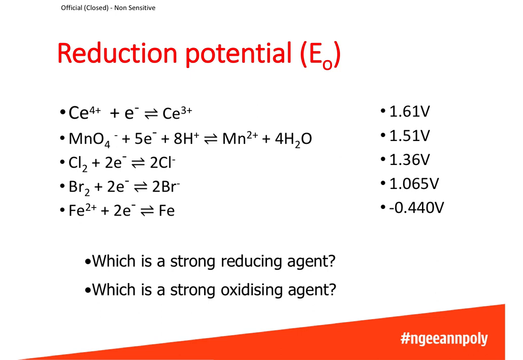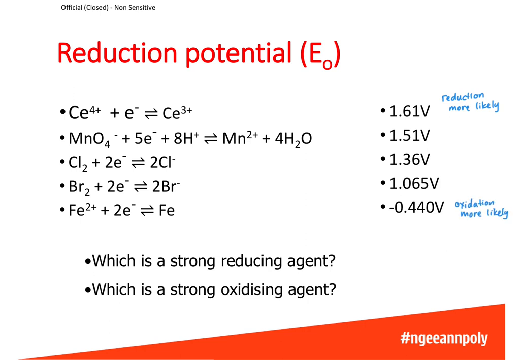So if we were given a set of half reactions with the standard reduction potential values, how would we know which is a strong reducing agent or which is a strong oxidizing agent? Remember that the higher the reduction potential value, the more likely it is for reduction to take place. And the lower the reduction potential, the more likely that oxidation would take place instead.